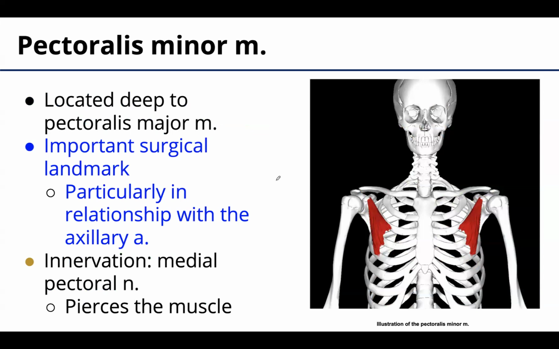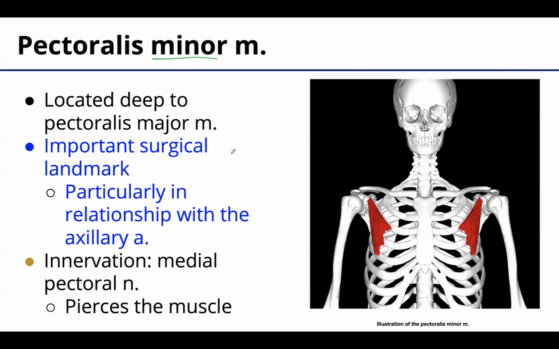Now, the smaller partner of the pectoralis major is, as its name would suggest, the pectoralis minor, which is going to be located just deep to the pectoralis major. In this illustration, the pectoralis major has been completely removed in order for us to see the entirety of pectoralis minor.